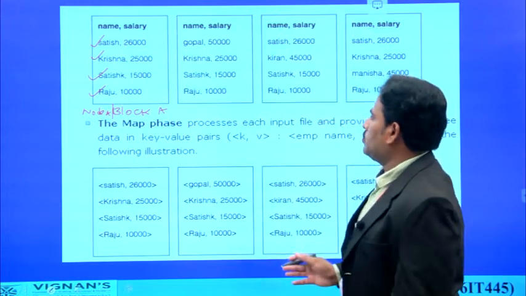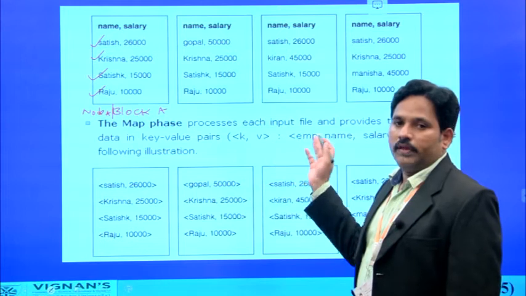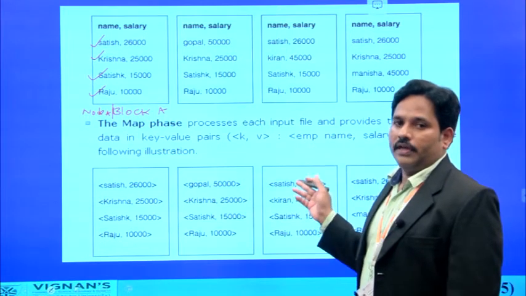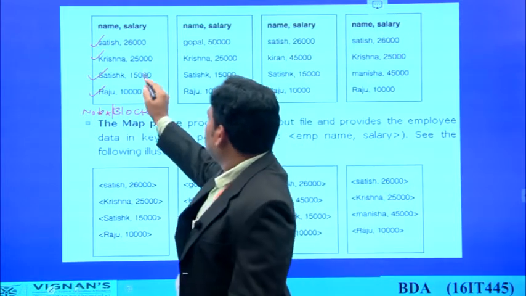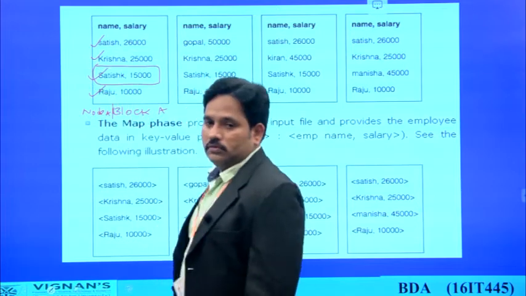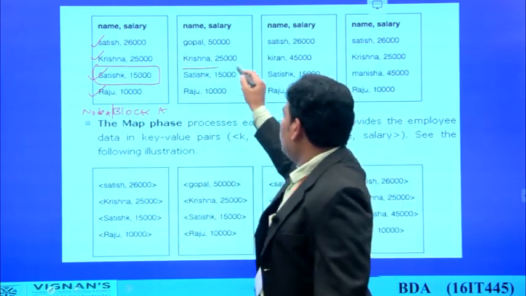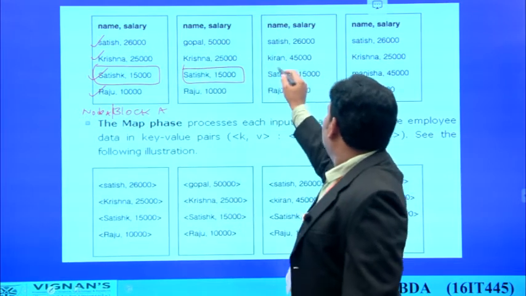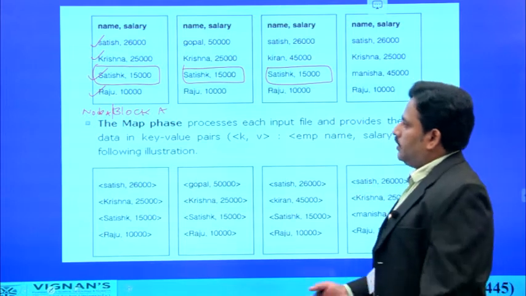Now, based on the concept of duplication, if you look carefully, you can find the duplication of the record, which we can call replication of the data. Let us take here: Satish K is drawing 15,000 salary. The same record you can find in other nodes also. And let us take one more.